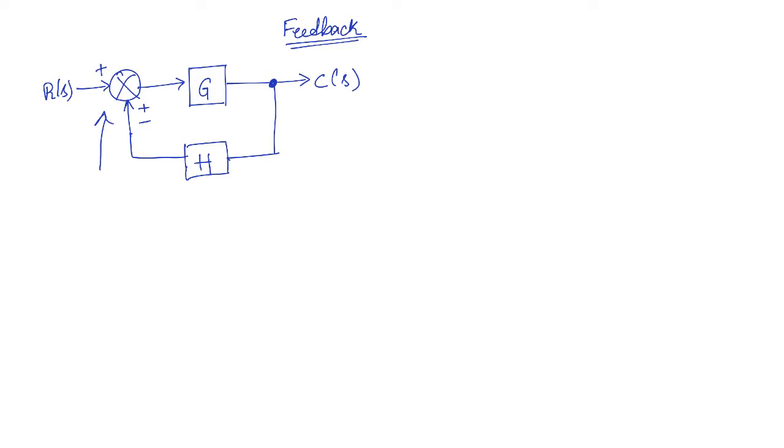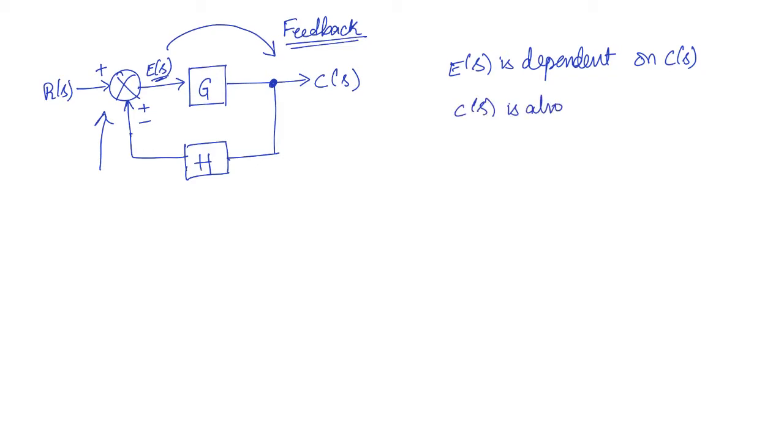So if you take the signal to be E of S here, the error signal, then E of S is dependent on the output, that is C of S, right? And in turn, E of S will affect the output. So C of S is also dependent on E of S, right?